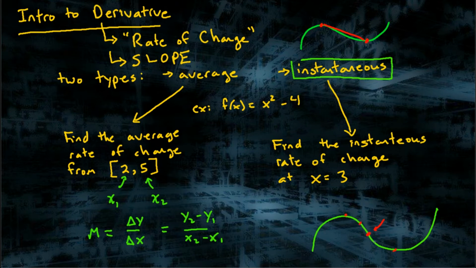And then basically, as I bring those 2 points closer and closer together, I'm going to get a better and better estimate for what that instantaneous rate of change is. So instantaneous rate of change is the rate of change at a point. And what we're used to is finding the rate of change, or an average rate of change, between 2 points. But we're going to use 2 points in order to get here to this instantaneous.